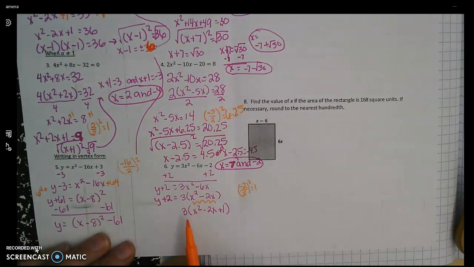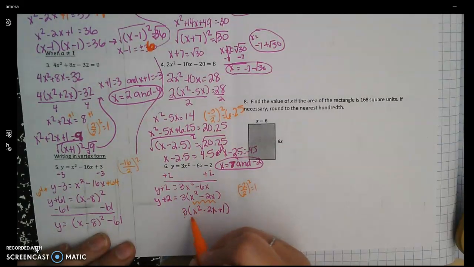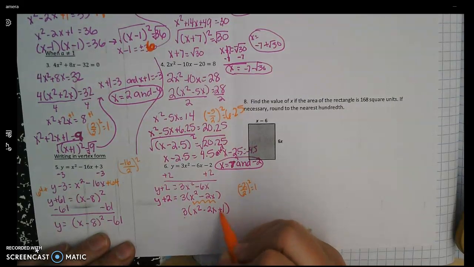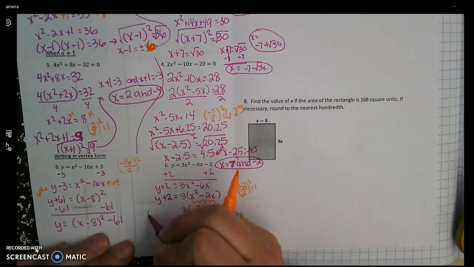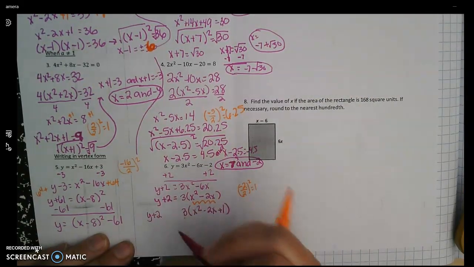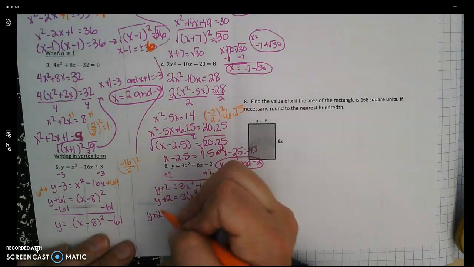And the reason why is because that 1 is being multiplied by the 3 that we took out of the parentheses. We factored it out already. So what I'm actually adding to both sides is not 1, but whatever 3 times 1 is, and that is 3.